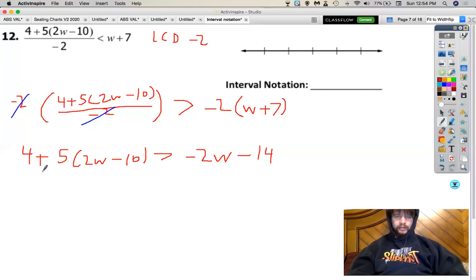Distribute, combine like terms. Same old steps. Just pretend it's an equal sign until you're multiplying or dividing by a negative. It's the only difference. All right, 4 minus 50, that's -46. Combining like terms there.